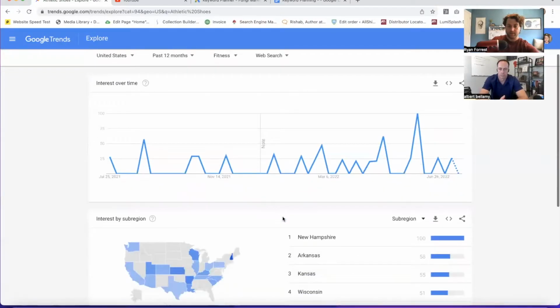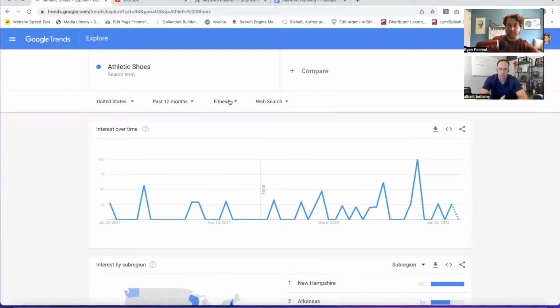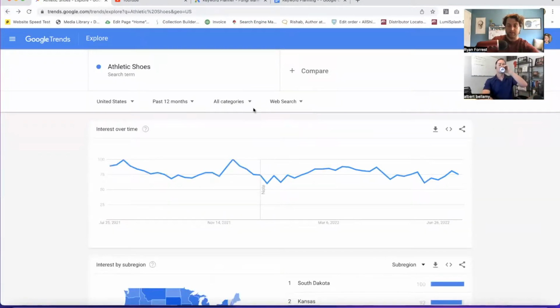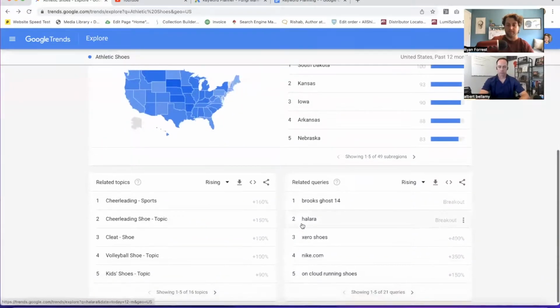Refining it further is not necessarily going to benefit us at this point. Let's go back one here. I just want to see athletic shoes. And you can also look at web versus image versus shopping searches, but for the sake of this category, let's go here.